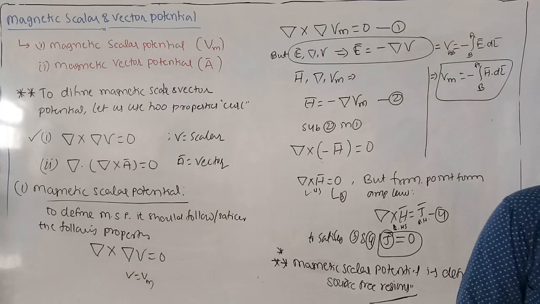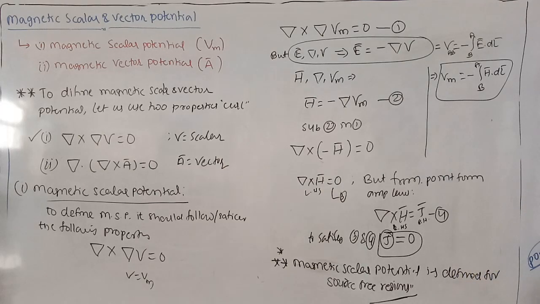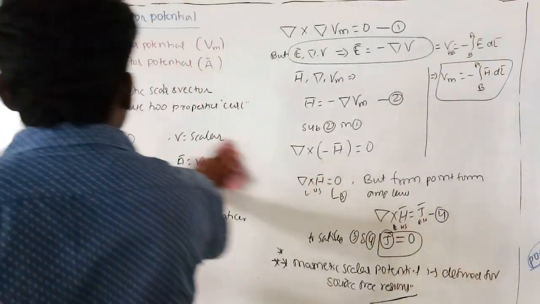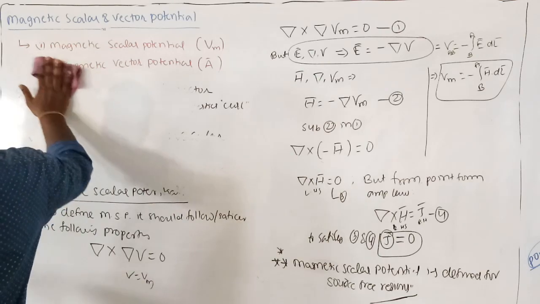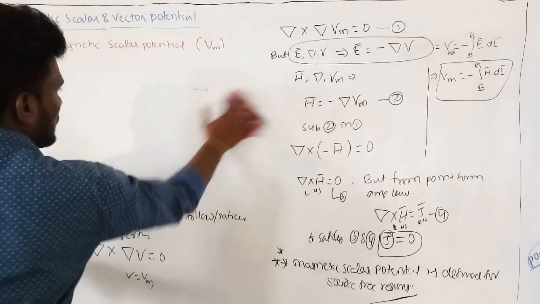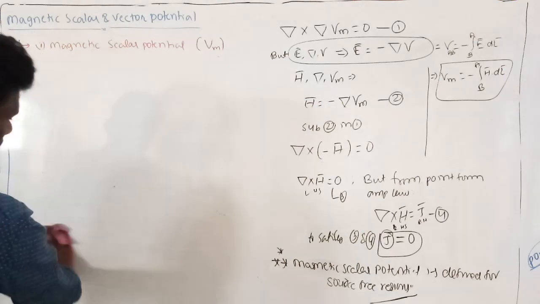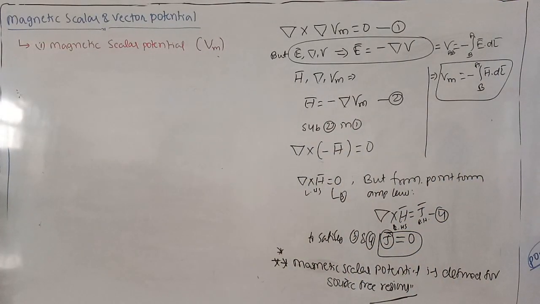Okay. Now we also write the expression for the Laplace equation for magnetic scalar potential.